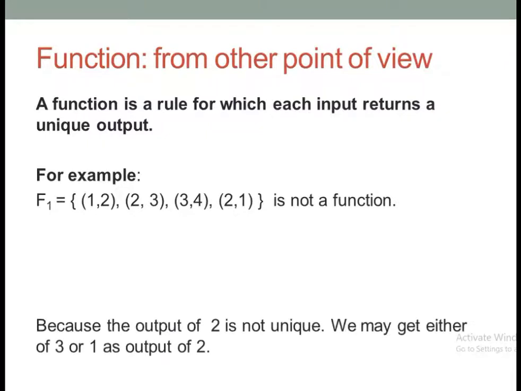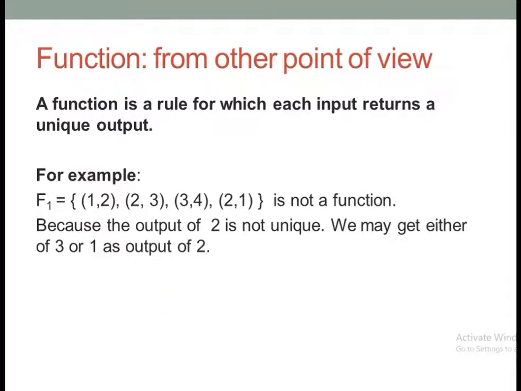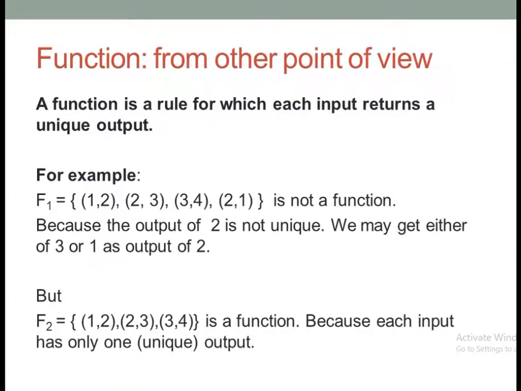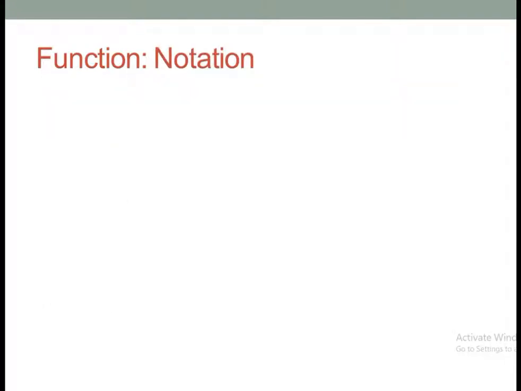It's not a function because the output of 2 is not unique. We may get either 3 or 1 as output of 2. But f2 is a function because each input has only one unique output here. So we have an idea of function.